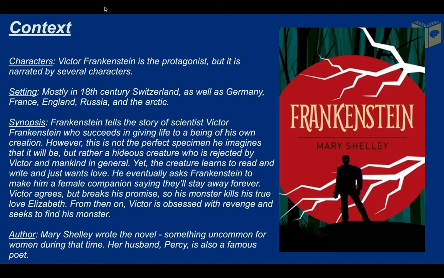So he rejects it, and mankind rejects the creature in general. The creature runs away, learns to read, and just wants to be loved. He eventually asks Frankenstein to make him a female companion, someone for him to love, and he says, if you do this, I'll stay away forever. Victor agrees, but he breaks his promise, so the monster kills Victor's true love, Elizabeth. From then on, Victor is obsessed with revenge and looks to find the monster.